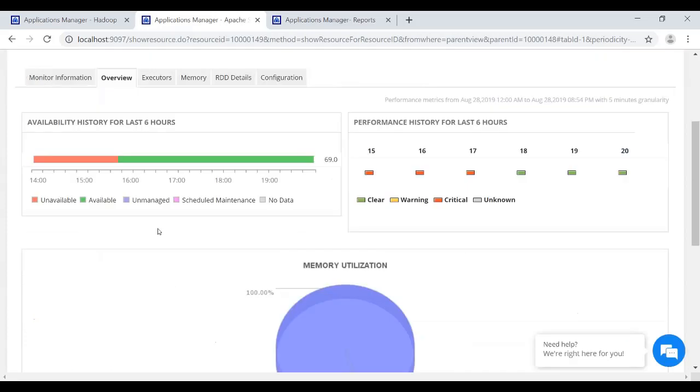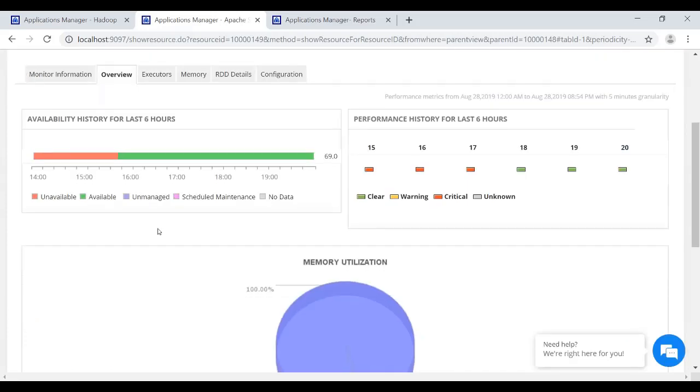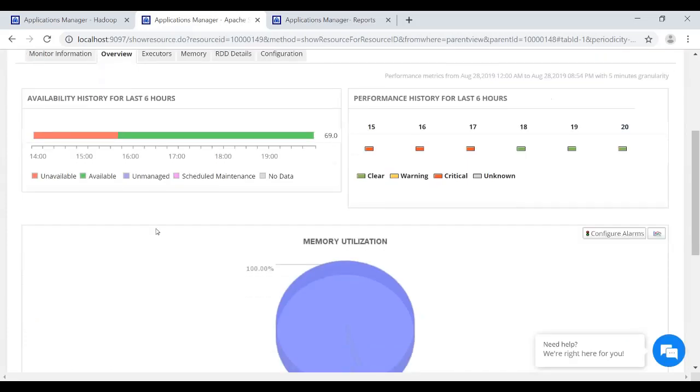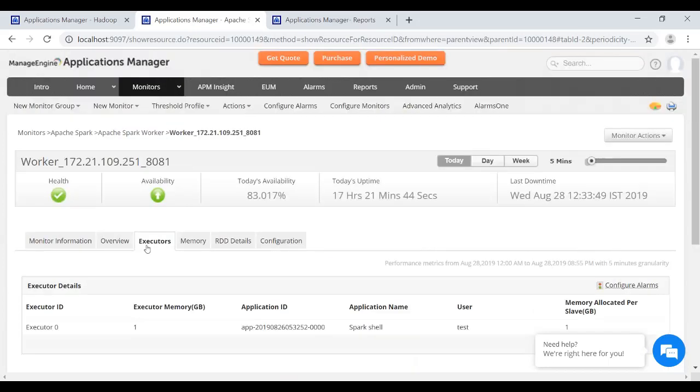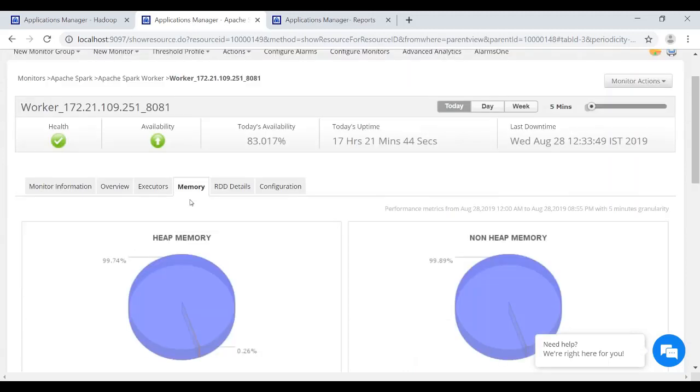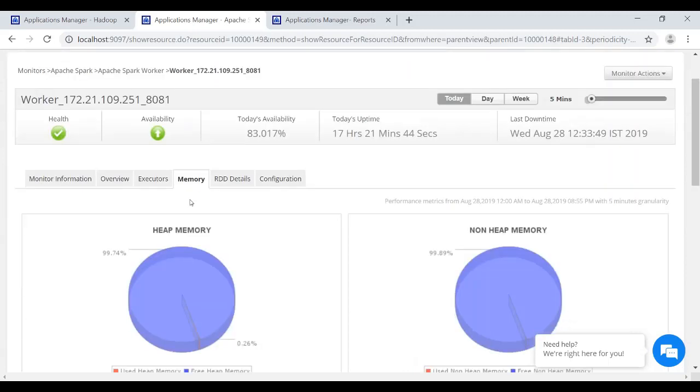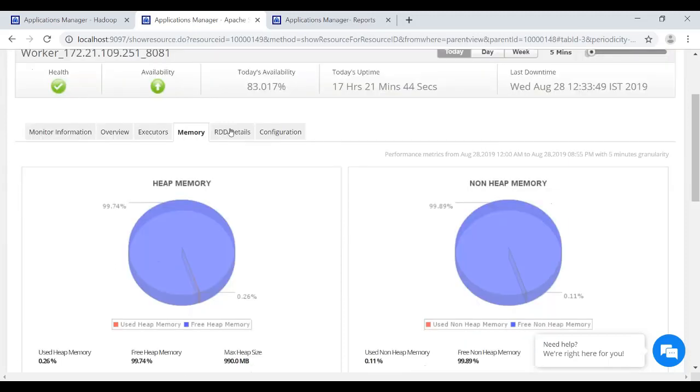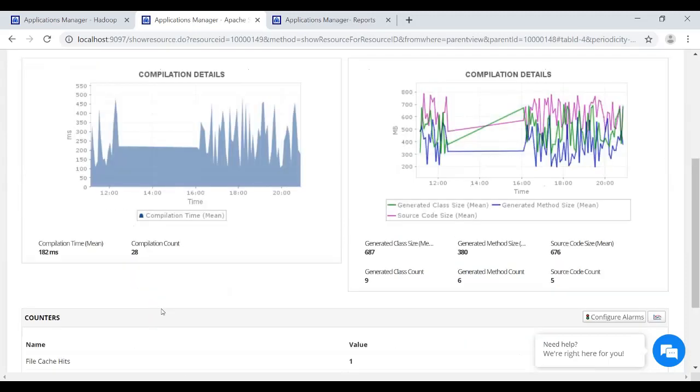What we were seeing so far was the Spark master node. So right here is the executor detail, the memory details of the workers. This is not the Spark master node. The RDD details of your Spark worker. So similar details for the master node as well as the Spark slave node or worker node or executor node are present here.